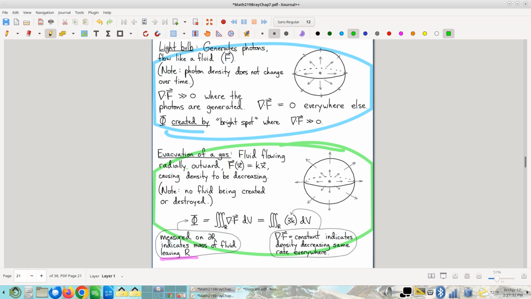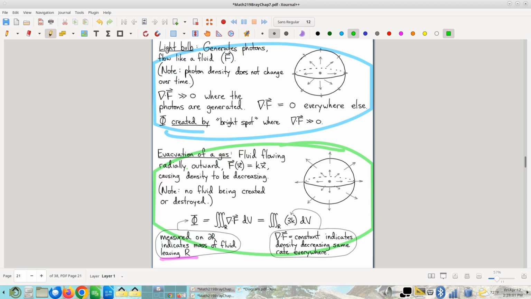In particular, notice when you're talking about photons, you are literally making photons. That's what light bulbs do. They're sitting there pumping out photons. You're creating fluid. Not happening here. In this example down here, we're talking about a fixed amount of gas. There's only so much gas. And it's moving, but we're not creating any.